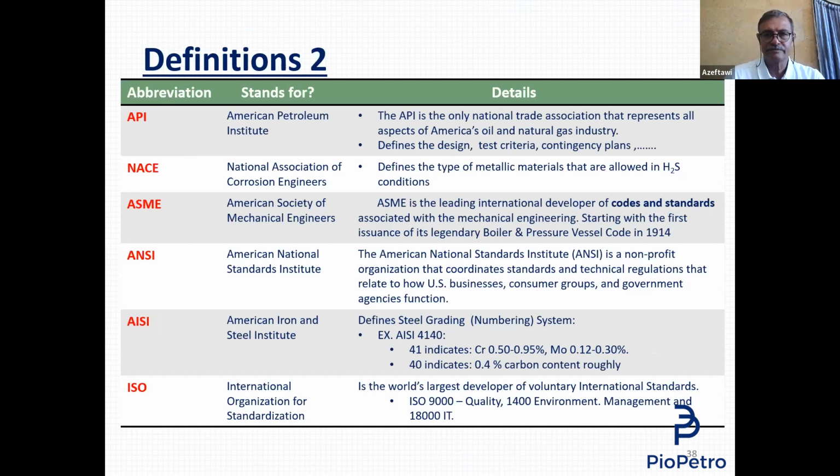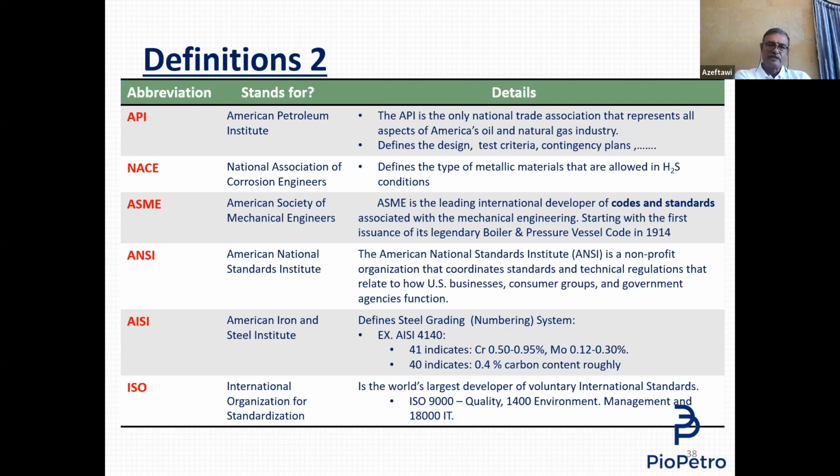API, American Petroleum Institute, is the organization that puts standards for the design, test criteria, contingency plans that we follow, and operation procedures. NACE stands for National Association of Corrosion Engineers.